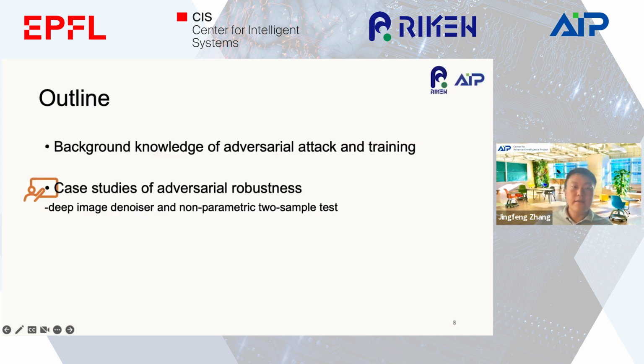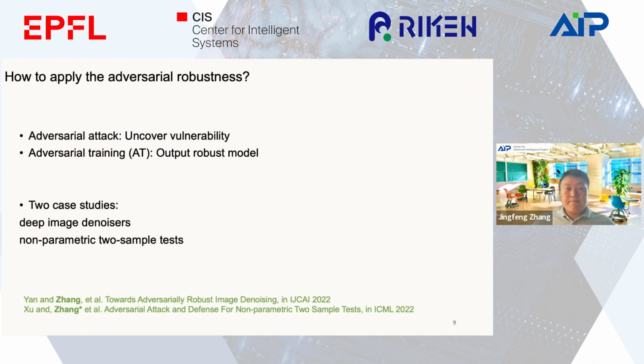Next, I'm going to cover two case studies on how to apply adversarial robustness. We understand that adversarial attack is a way of uncovering the vulnerability of machine learning models, and adversarial training is a way of making those models robust against those attacks.